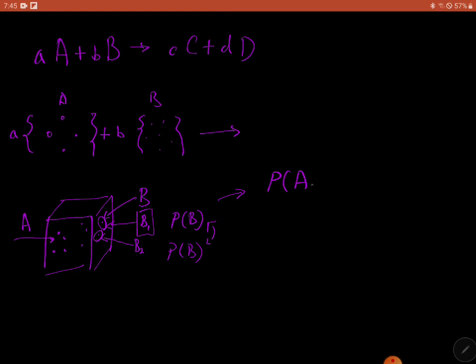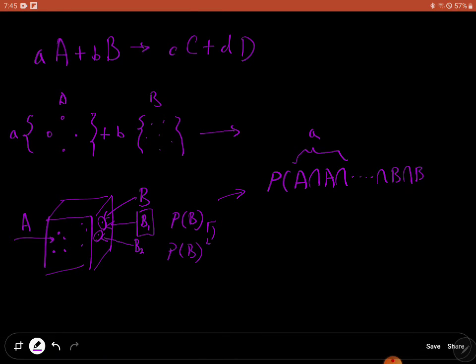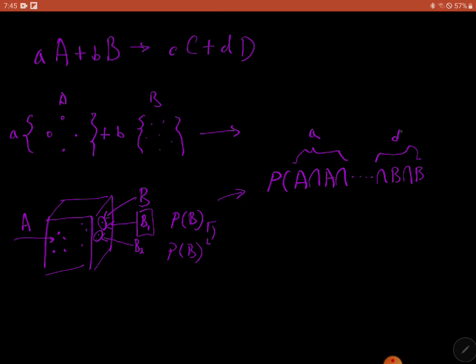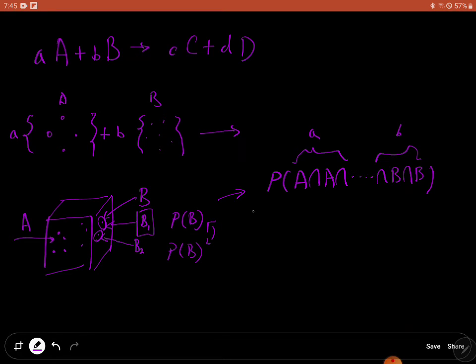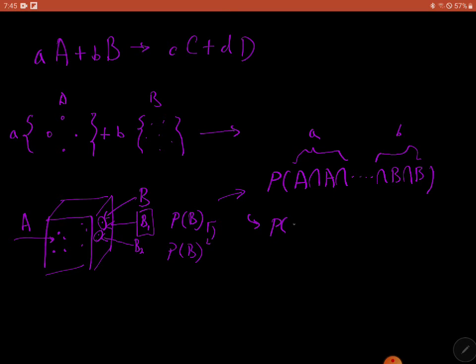So let me rewrite it in a mathematical way. Probability of A happening, with A happening, with A happening, until the number of elements A required, and element B happening, with B happening, until the number of elements B required. In mathematical terms, we rewrite it with each single probability: A multiplied by A multiplied by A, until B multiplied by the probability of B. Then how many elements are here?